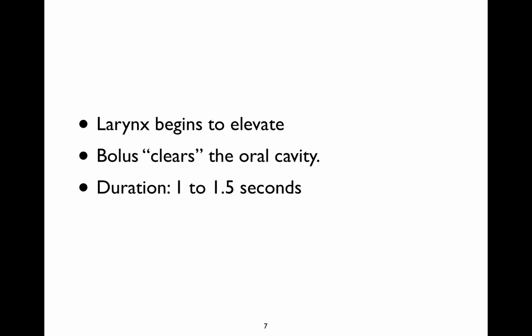At the end of the oral phase, the larynx begins to elevate. This is the signal that we have almost reached the beginning of the next phase, the pharyngeal stage. In fact, when the bolus clears the oral cavity, or it passes by the ramus of the mandible, then we can say that triggers or starts the pharyngeal phase.